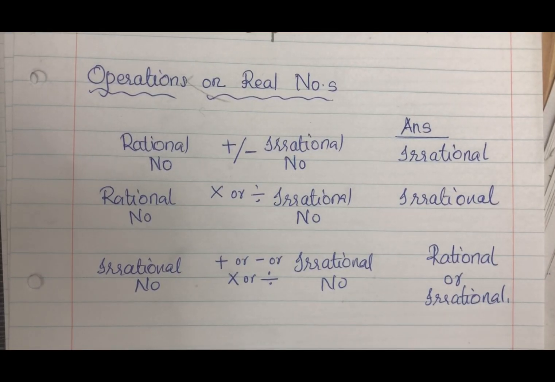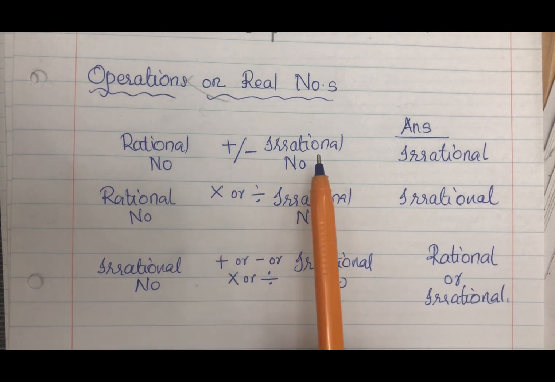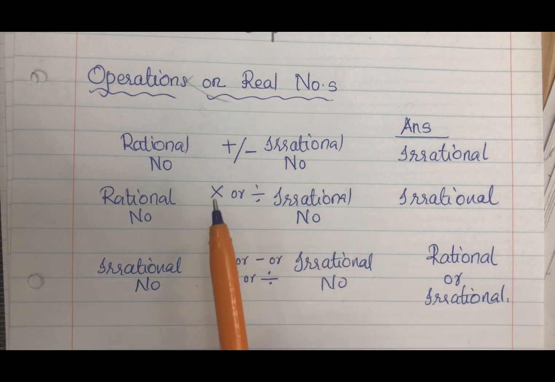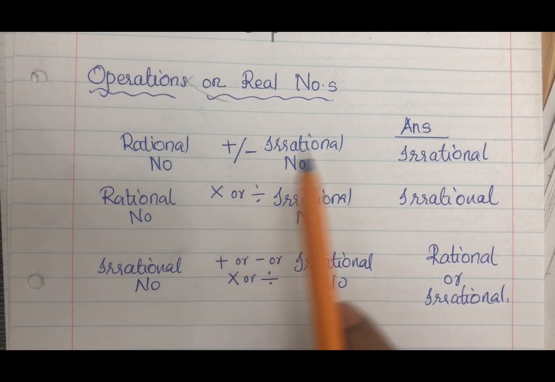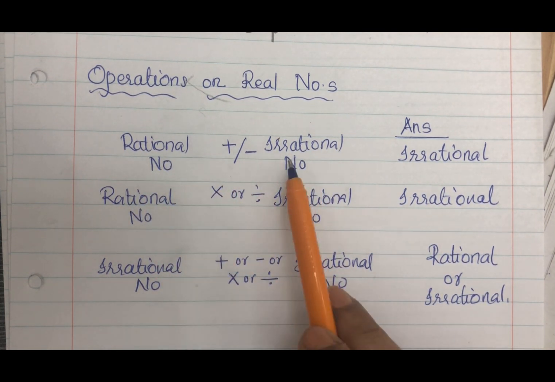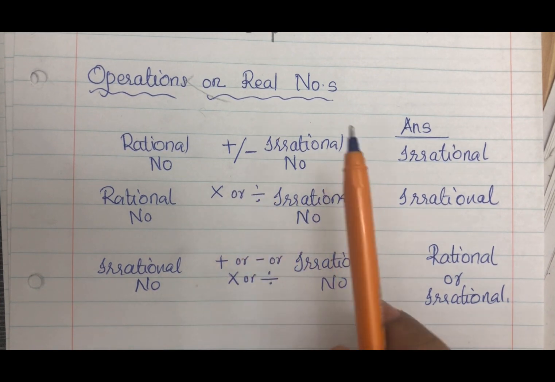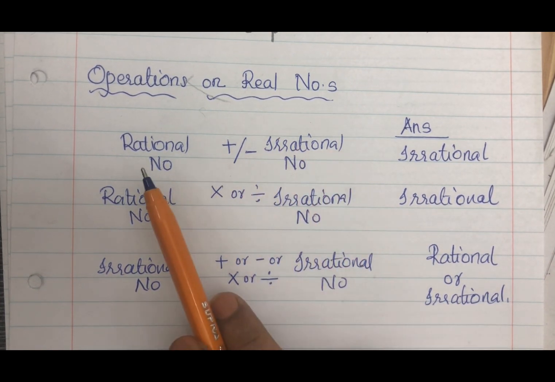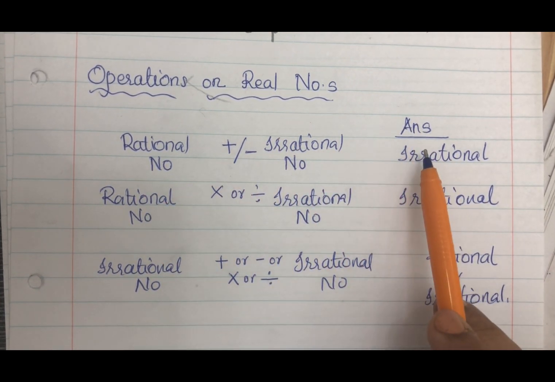Now let us discuss the operations on real numbers. If we add or subtract a rational number and an irrational number, the answer will be what?